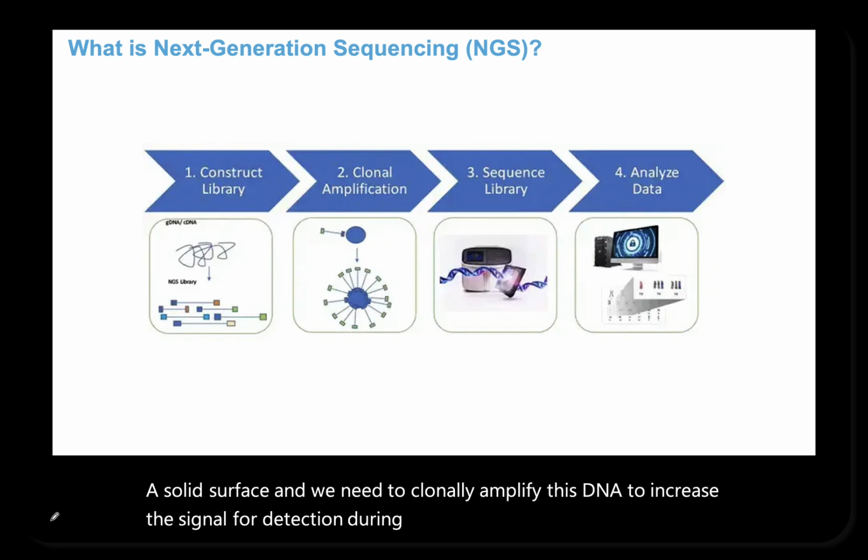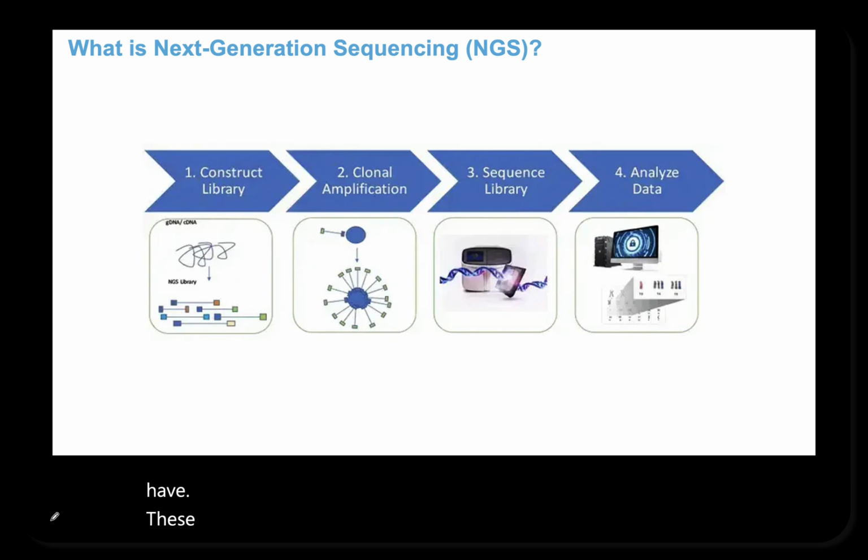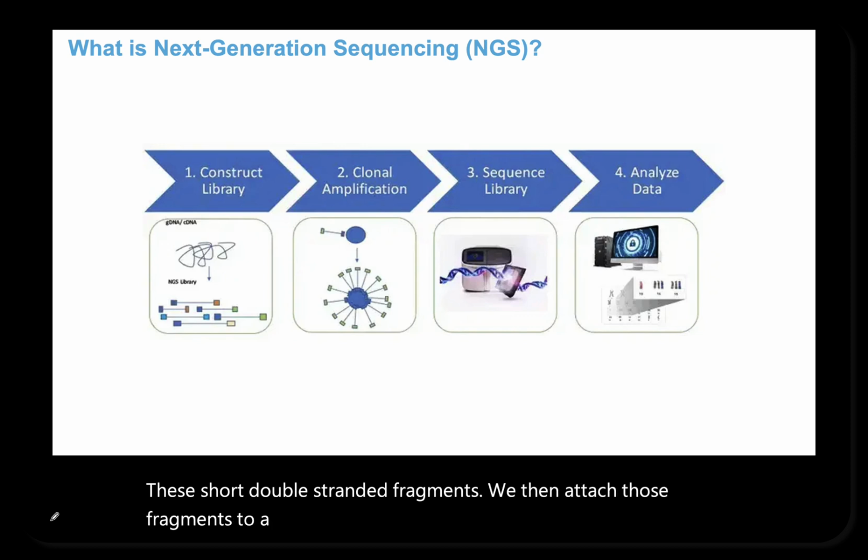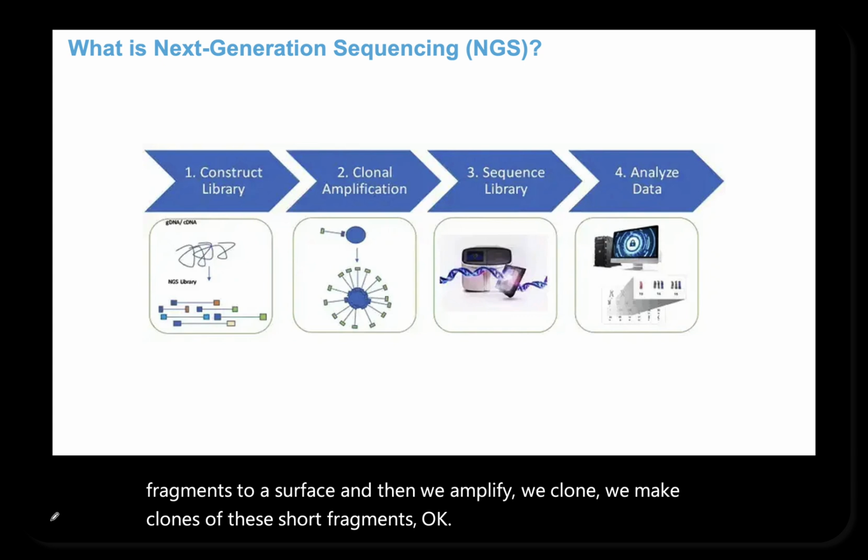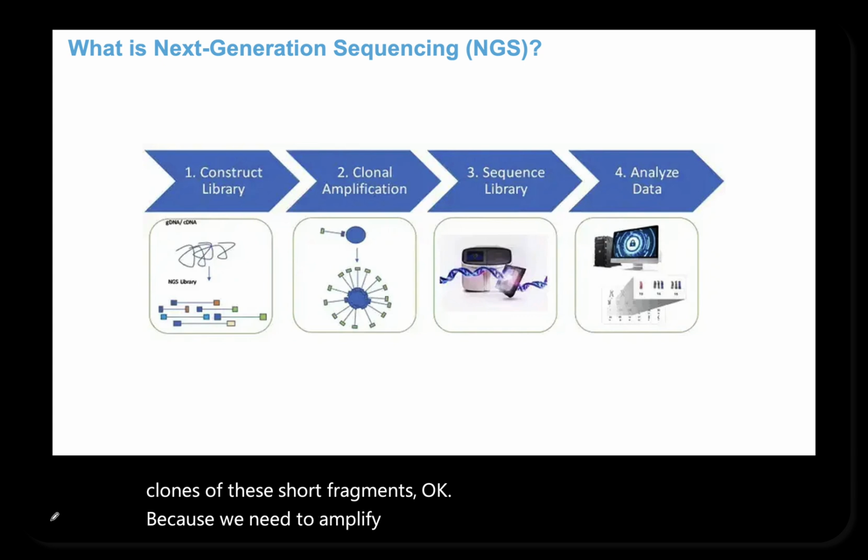So let's say that you have these short double-stranded fragments. We then attach those fragments to a surface, and we amplify, we make clones of these short fragments, okay? Because we need to amplify our signal to be detected during sequencing.